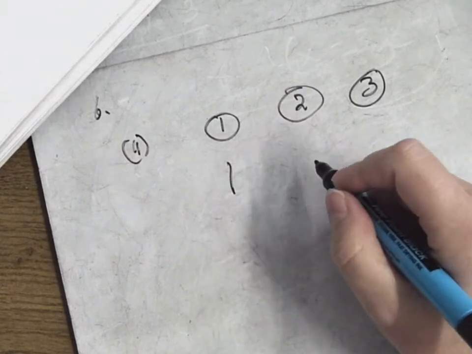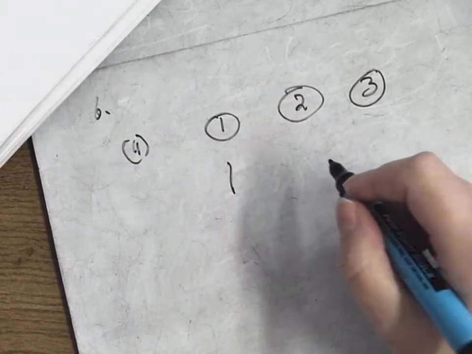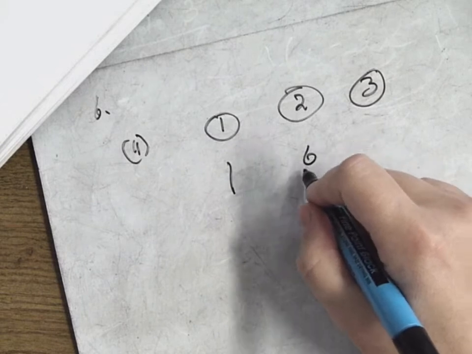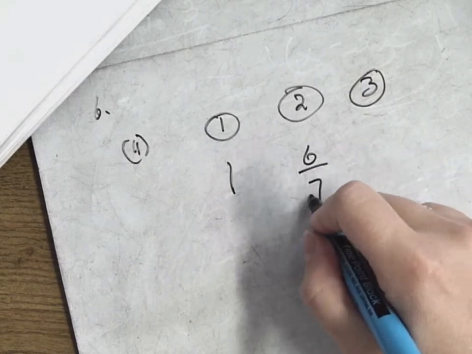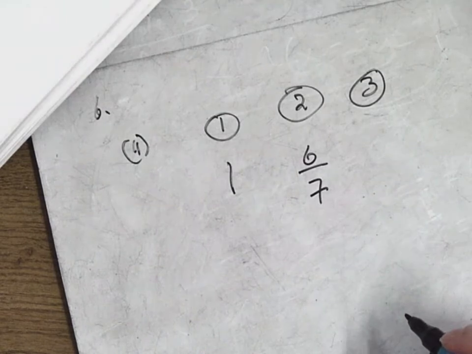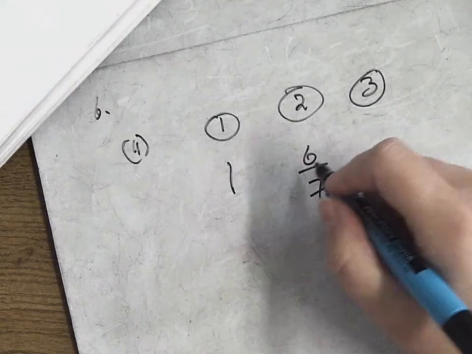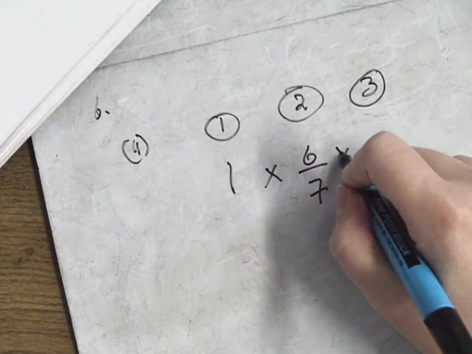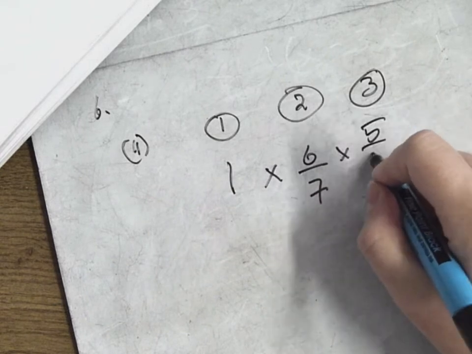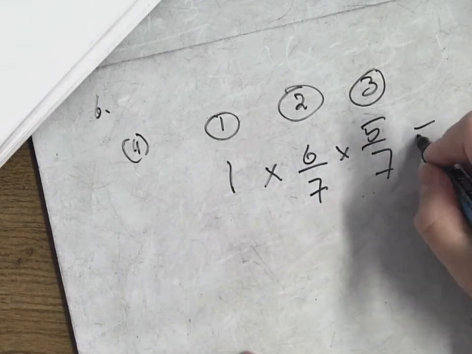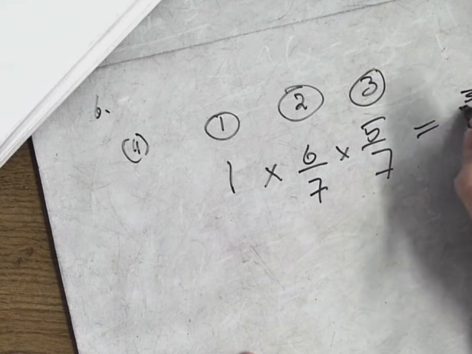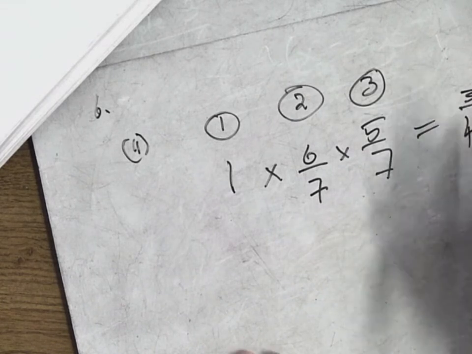Student number 2 can say any day except the day the first person said, so they have a choice of 6 out of 7 days. What about the third person? 5. They have a choice of 5 out of 7 days, because they can't say what this person said or what this person said. So that would be 30 over 49. Is that okay? Right.